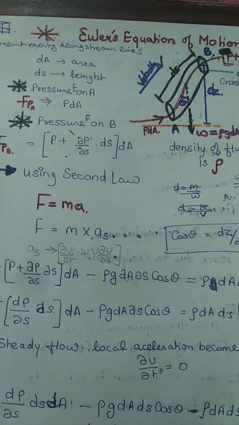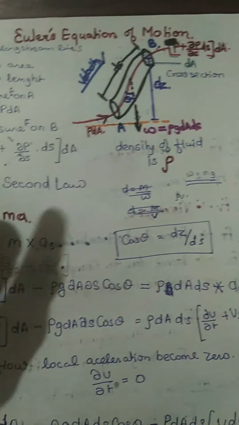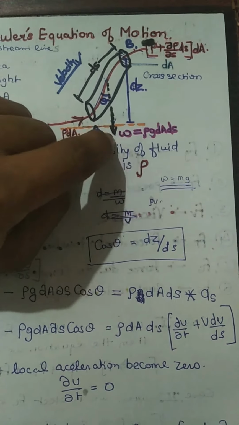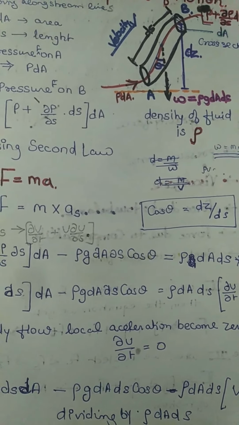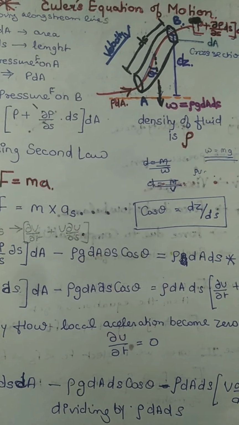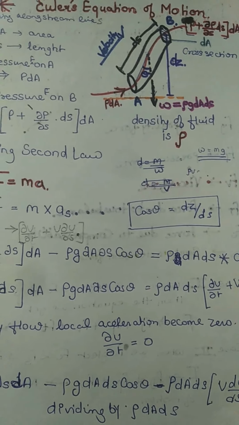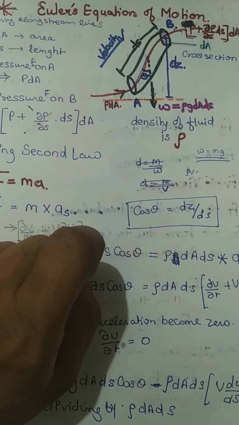Now we'll move further. As weight is moving in downward direction, we know that what is weight? Mass into gravity, g, mg, and mass we can write like this. What? Mass equals density into volume.